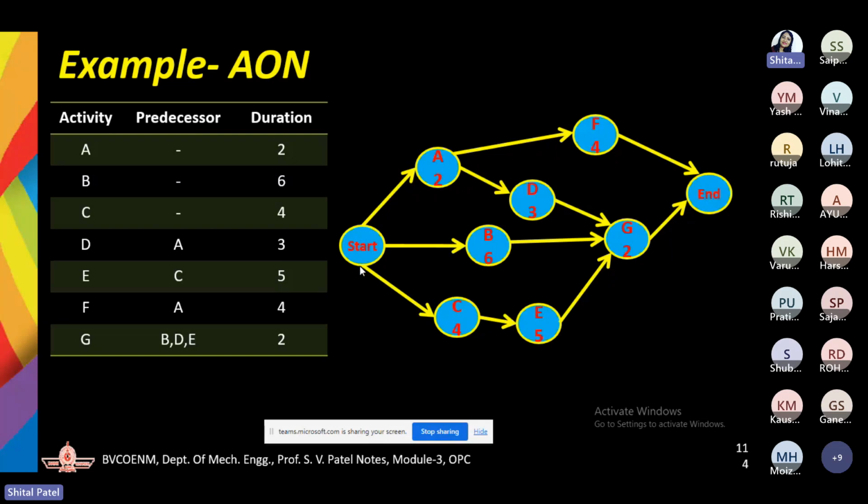Now, in detail, I have already explained what is the start and end of an activity, what the nodes are, and everything, so I'm directly focusing on the construction of the network diagram. So this is the start, then we don't have any predecessor for A, so we are considering it as a starting event. A is consuming 2 days or 2 units of time.